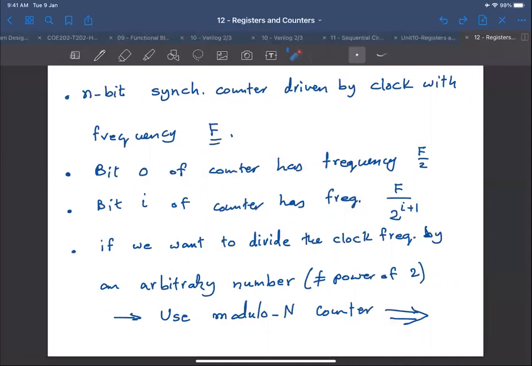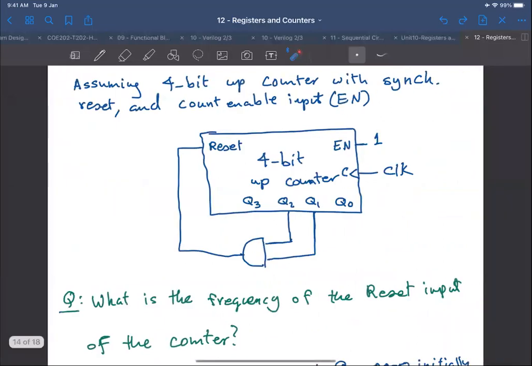For that, we use a modulo counter with a synchronous reset input and a count enable. The count enable is not necessary for this exercise, so we are connecting it to 1. We're assuming that the count is always enabled for every clock cycle.